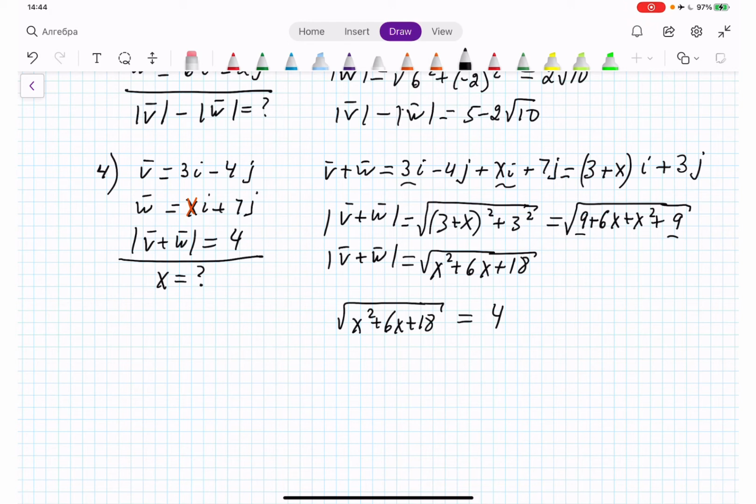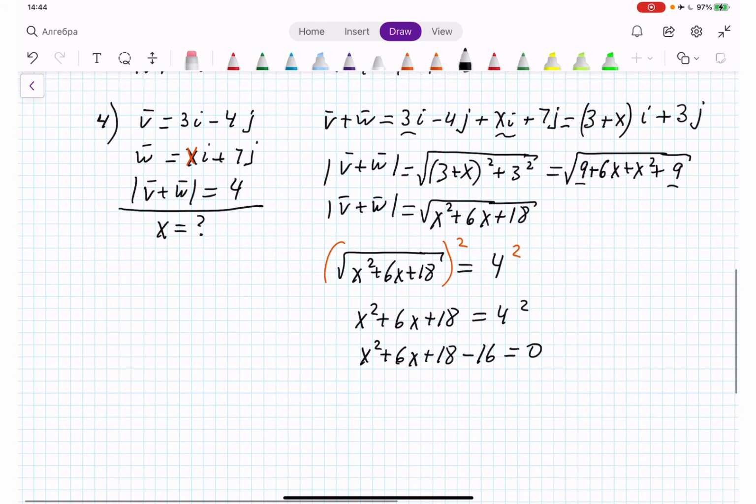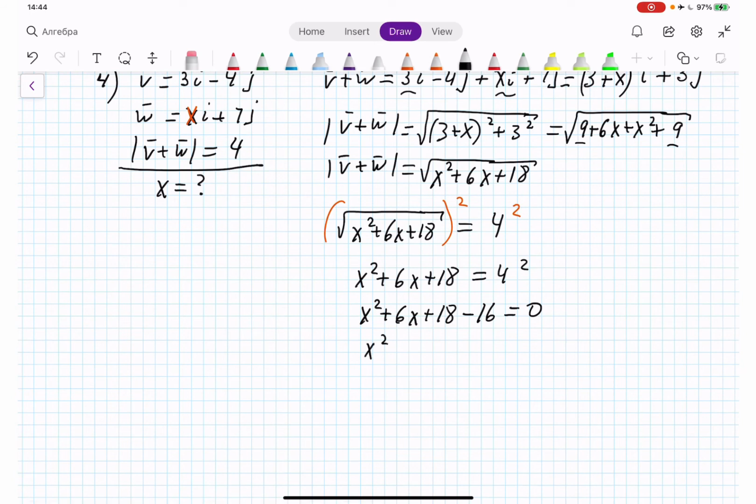If I square, I will get here x squared plus 6x plus 18 equal 4 squared. Let me put here the square. Okay. So from here, we are getting x squared plus 6x plus 18 minus 16 equals 0. And x squared plus 6x plus 2 equals 0.